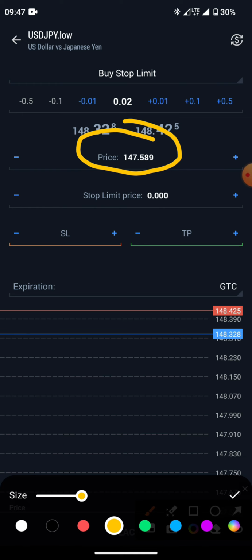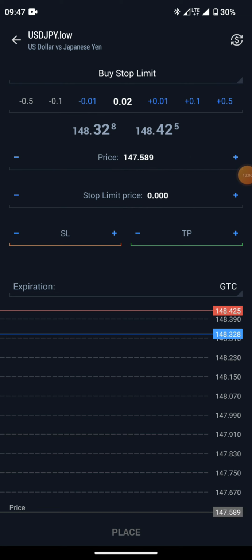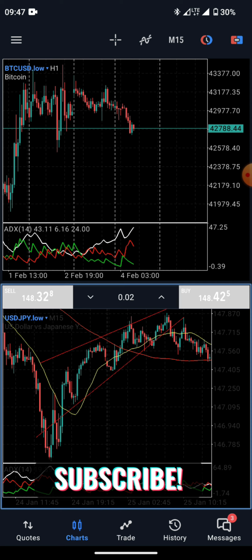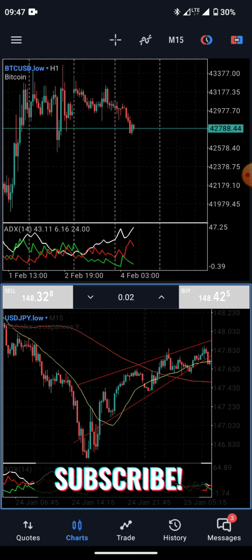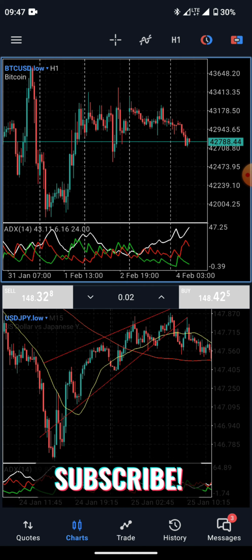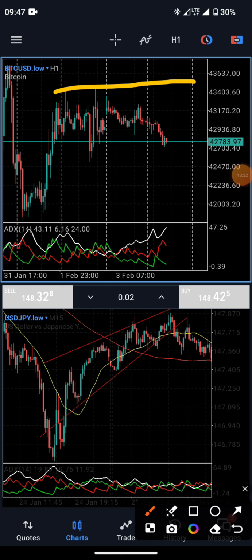So basically, that's what a buy stop limit is, and also what your sell stop limit is. If I were you as a beginner, use buy stop limits when you are trading a trending market based on your strategy, because it always works in a trending market. But for a market that is oscillating, going up and down, you can just go straight and use your buy limit or sell limit, because it's clear that the price is either going to be here and come down, which is sell limit, or it's going to come down here, which is buy limit, and then go up.